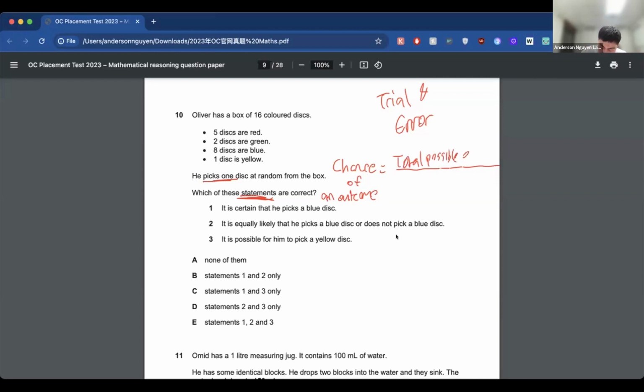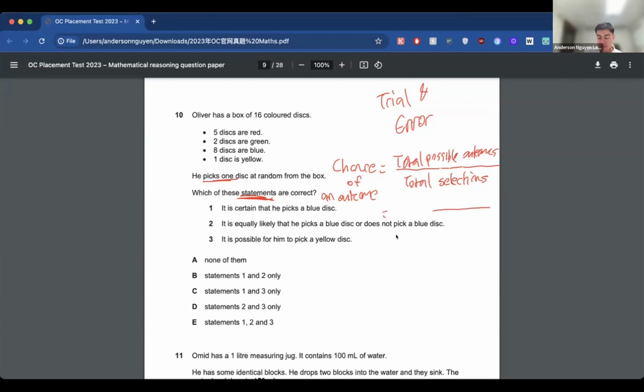So if you stick your hand in that box, how many things are there that your hand can touch? If you counted it one by one, how many things are there for you to pick from? But the top number is the number of ones that you want. Not you can get, but you want.